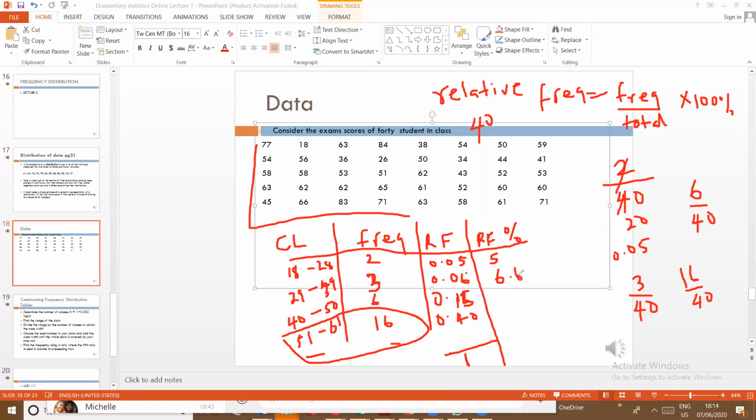This will be 15.0%. That this will be 40.0%. Okay. And then if you do that for the remaining groups and add, you should get 100%.